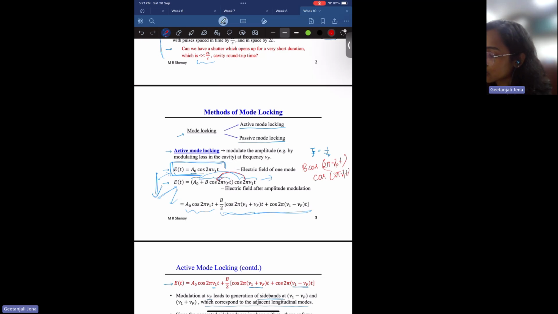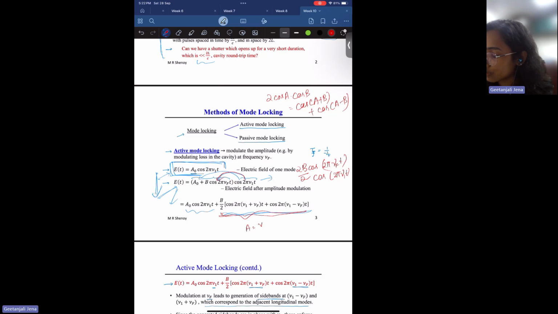So this is nothing but cos A cos B. So you can multiply by 2 and divide by 2, giving 2 cos A cos B. If you recall, it is nothing but cos(A plus B) plus cos(A minus B). And this is what has been done in this case.